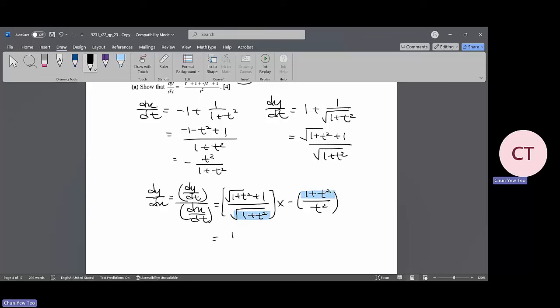Then you will get 1 plus the square root of 1 plus t squared, divided by t squared. These two, if you simplify them, you will get the square root of 1 plus t squared. Now for the square root of 1 plus t squared, you multiply them inside.